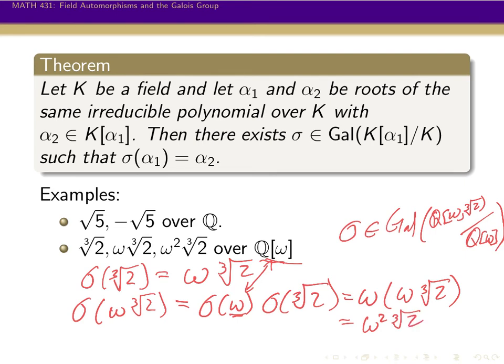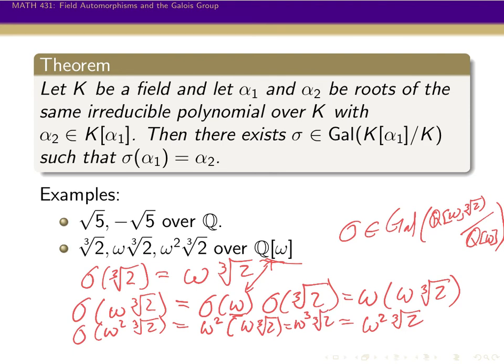And then similarly, if we look at sigma of omega squared cube root of 2, and we break it up, omega squared is in Q adjoin omega, so it's fixed by sigma. So we're going to get an omega squared still out of that. And then we have sigma of cube root of 2 again, and so we get another omega cube root of 2, which gives us omega cubed cube root of 2.